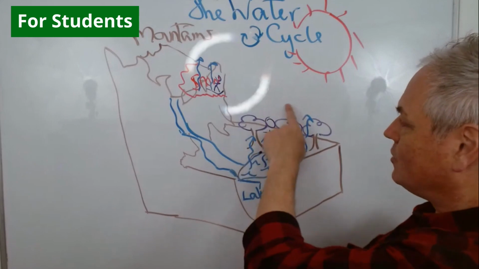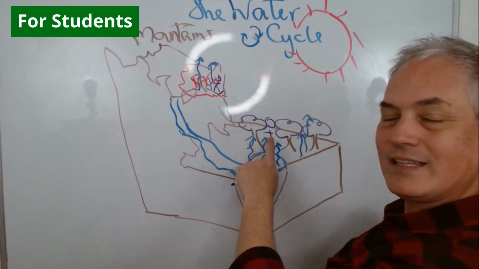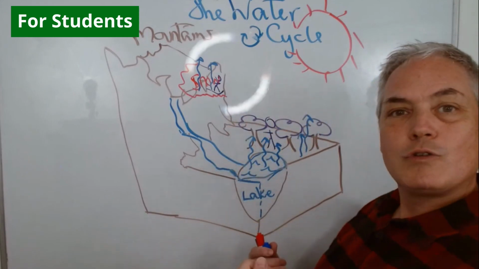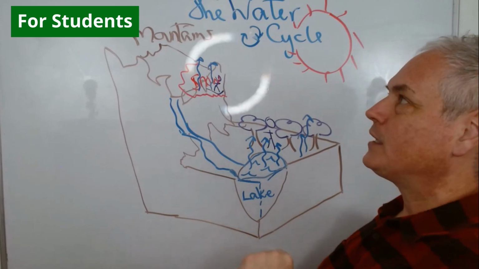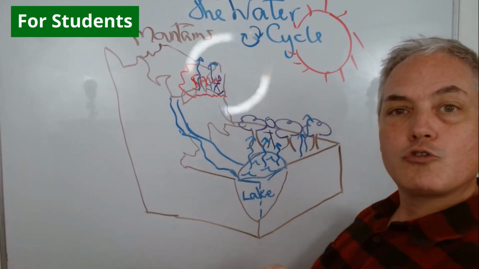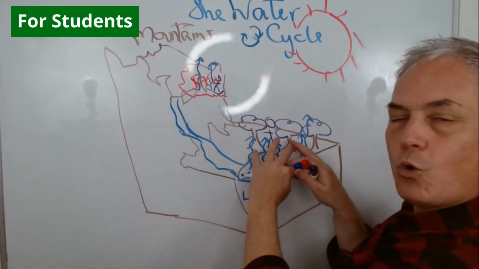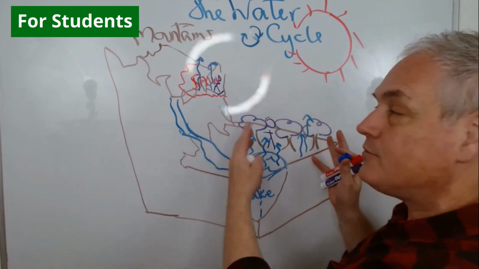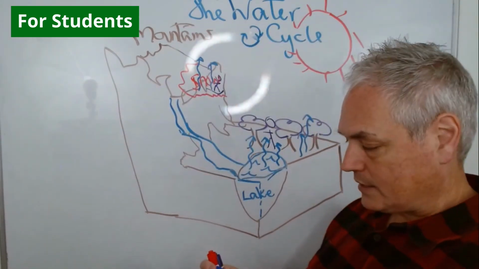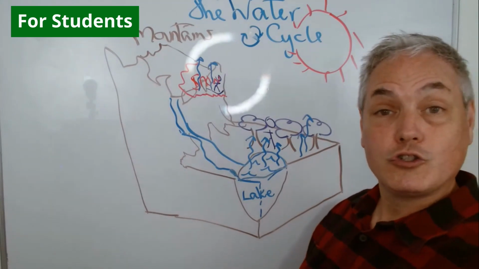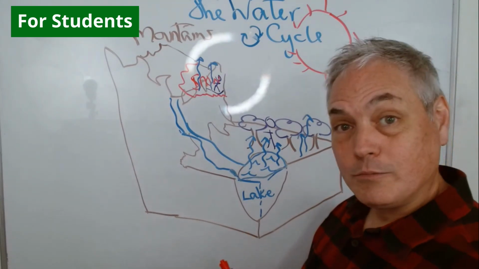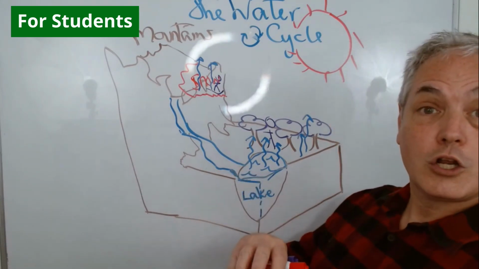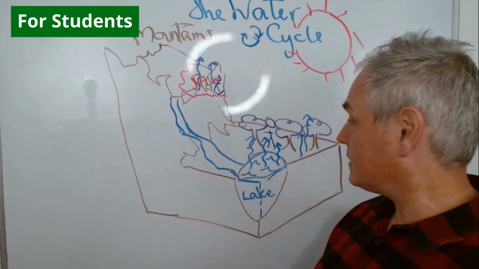And because of the sun, we have photosynthesis here in the trees. And the trees have a system called transpiration. That means that the water comes out of their leaves because of photosynthesis. And for example, if you go to a jungle, it's always very humid. And the humidity is water coming from the photosynthesis.